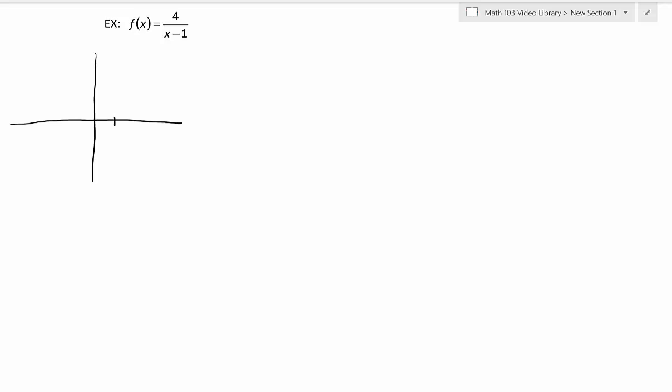There's going to be a vertical asymptote at x equals 1. Remember, we set our denominator equal to 0, and that's where our vertical asymptotes are. This is also going to have a horizontal asymptote at y equals 0, since the degree of the denominator is greater than the degree of the numerator.